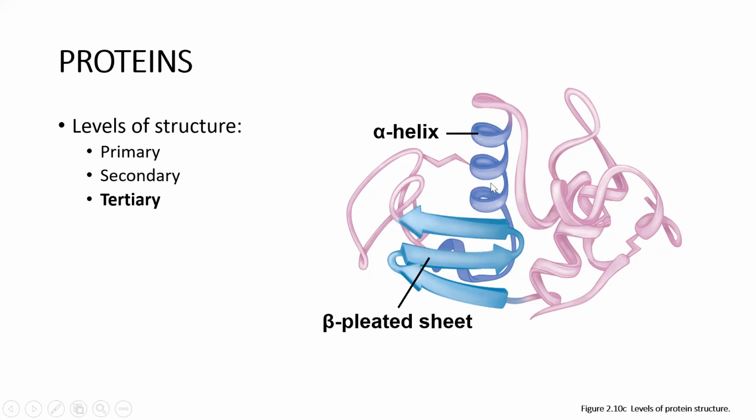Remember, this has that initial peptide chain on it, just folded more complexly into a helical shape. We also see some of the beta pleated sheets that we just described. So different types of secondary structures come together to give us a slightly more complex tertiary structure to this protein.